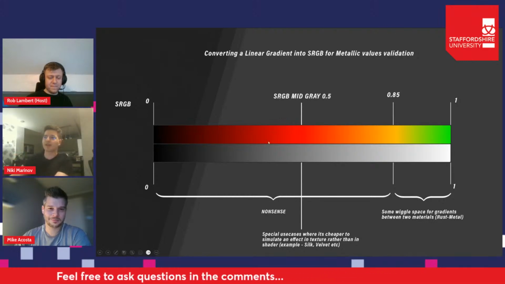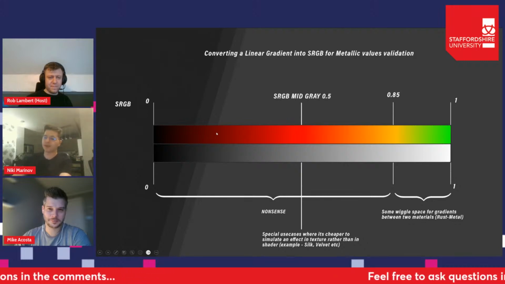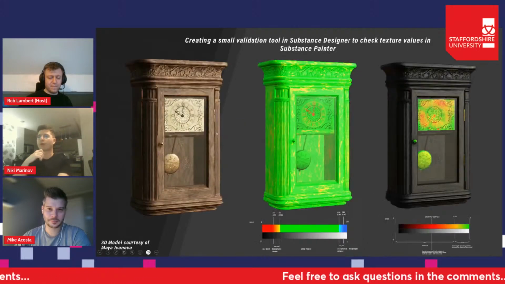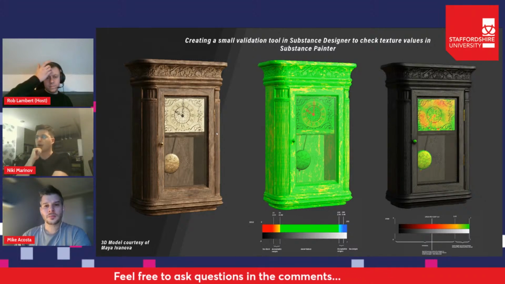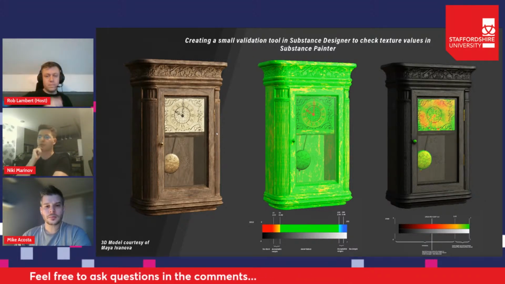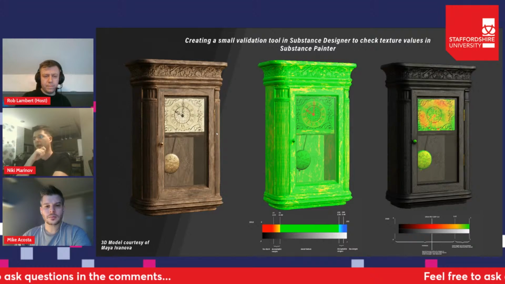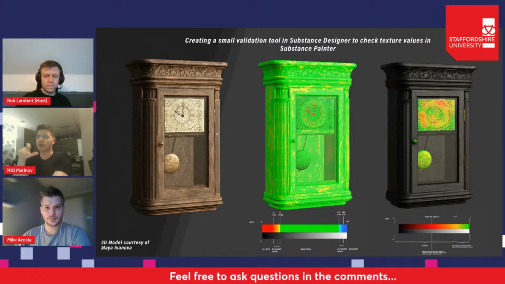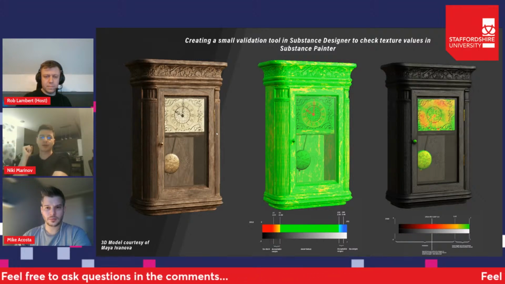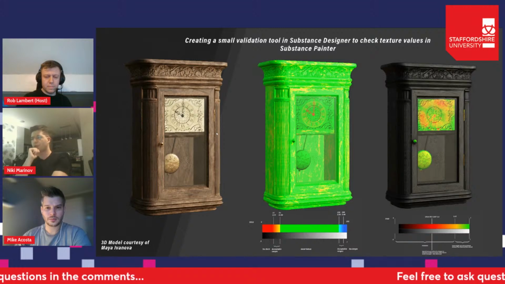And here I've made these little graphs into a tool that I imported in Painter. And here I have an example of a prop that my partner did, which I applied those tools to. So I made a color checker and a metal validator tool with the same values that we've discussed until now. And here you can see everything that's not right with the prop.